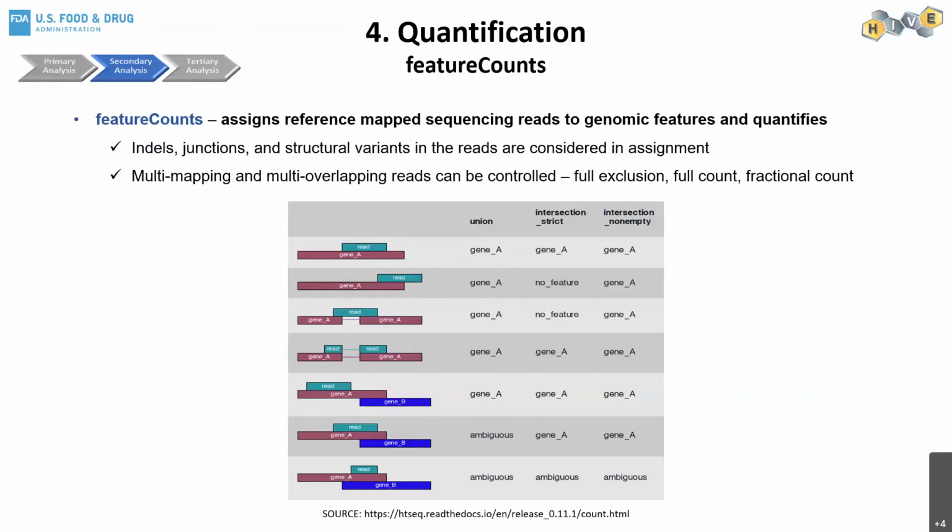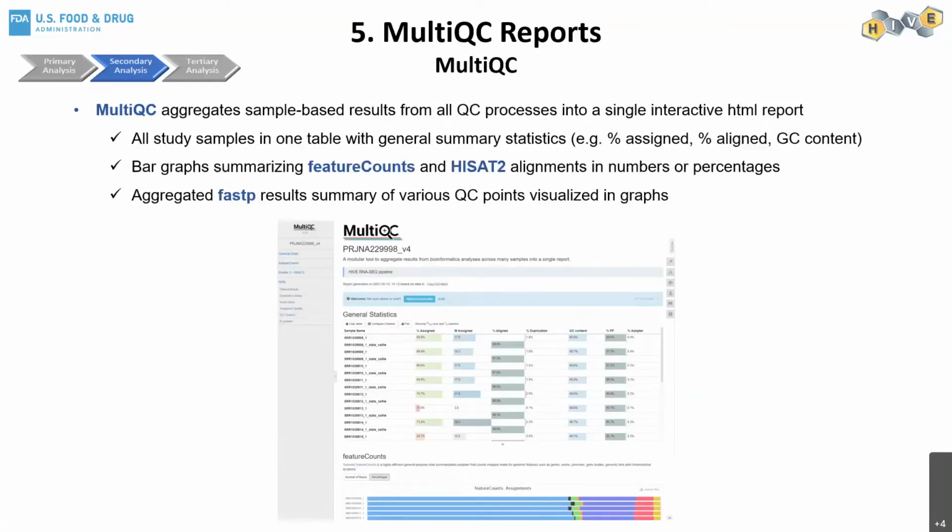Basically it quantifies, it counts indels, junctions, it can find structural variants in the reads, it can find multi-mapping and multi-overlapping reads, full exclusion, full count, fractional count. So all these features are there that we can use, and we use it to count based on where it got aligned, if it's gene A, gene B, multi-map, all these different features that featureCounts has in order to do the quantification.